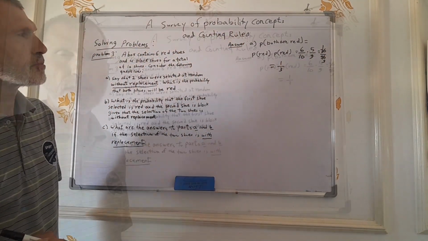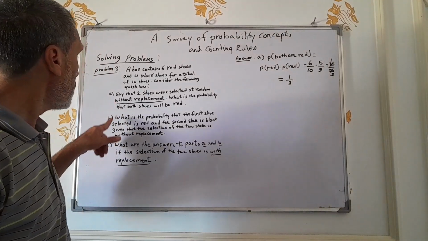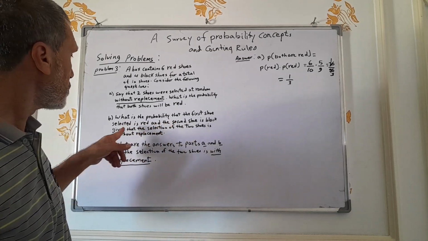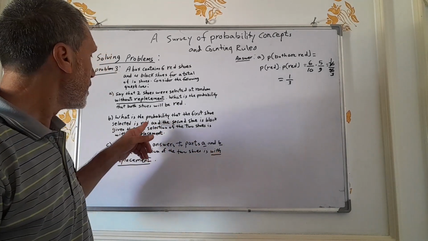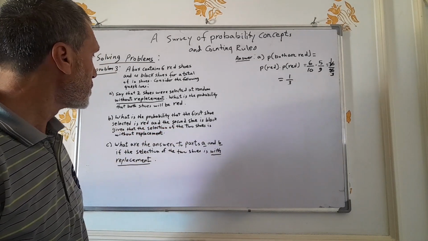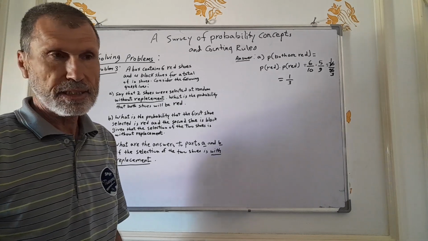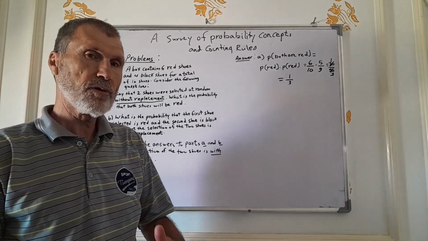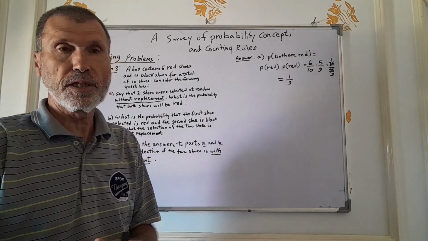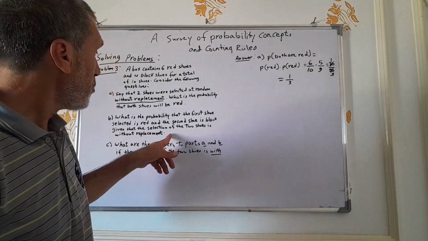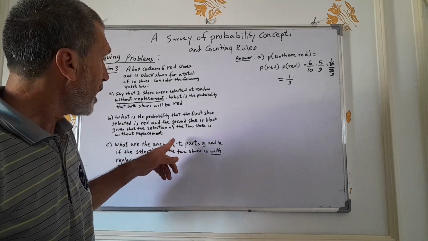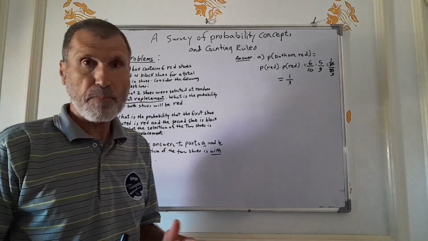Okay, now part B of the question says, what is the probability that the first shoe selected is red and the second shoe is black, given that the selection of the 2 shoes is without replacement? Still without replacement, that is without returning the shoes once they were selected. Now, here we have to use the general rule of multiplication, since the events are dependent.